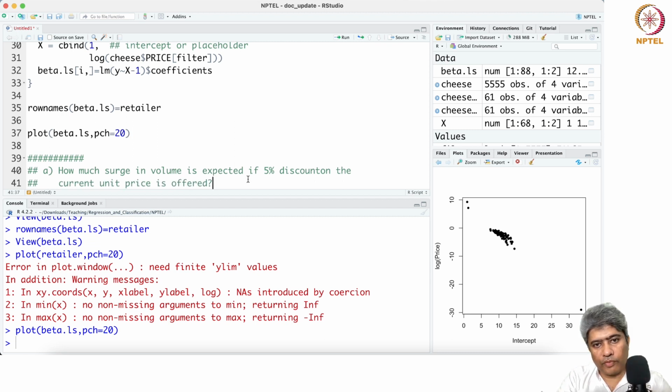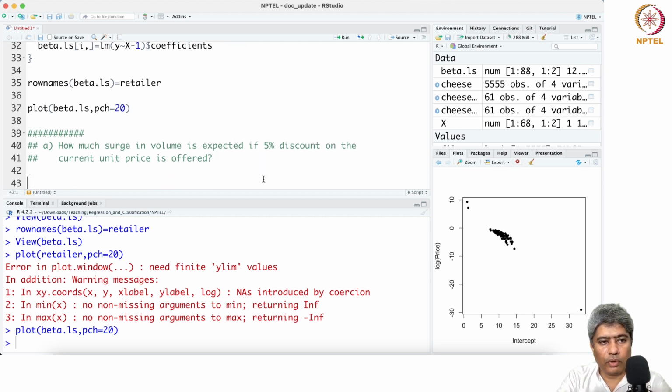If I give a 5% discount on the current unit price, how much surge in volume sales can I expect? Then how much will be the effect on the revenue?